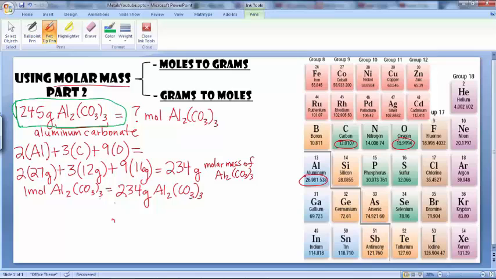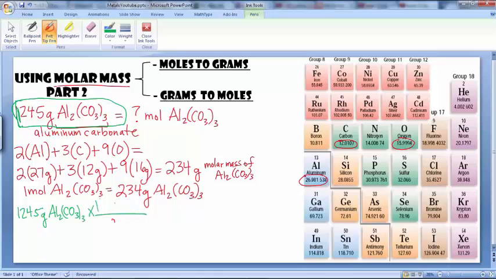And that is a 1 right there, so 1245. Okay, so 1245 grams Al2(CO3)3 times, we want to eliminate grams and keep moles.